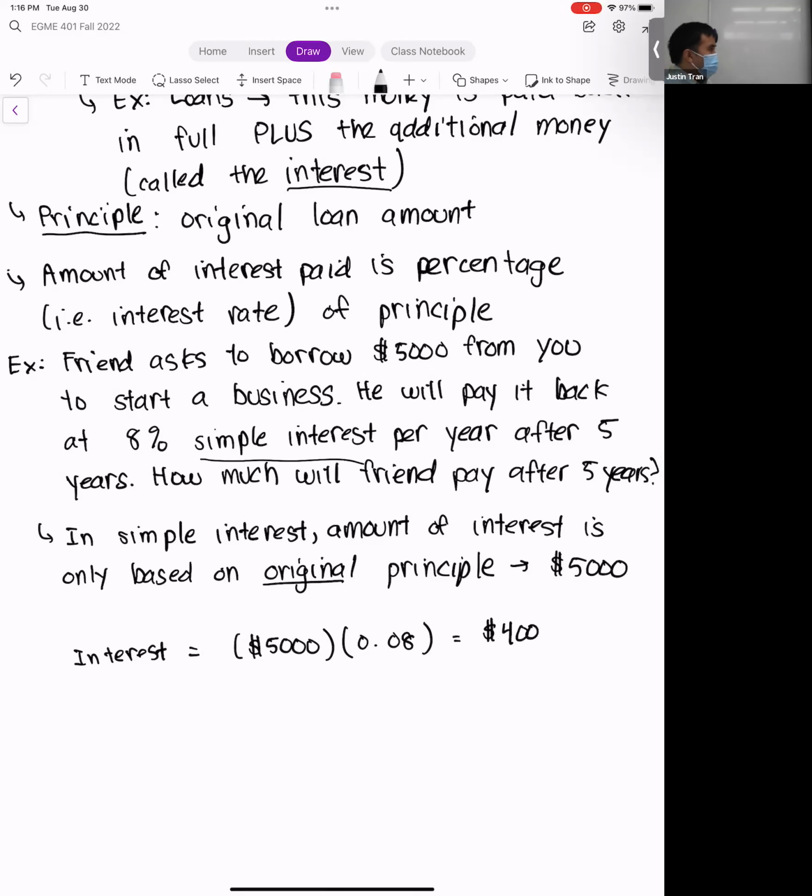Your friend is going to pay you $400 per year to use your money. That's basically the fee that you're charging your friend in order to use your money.